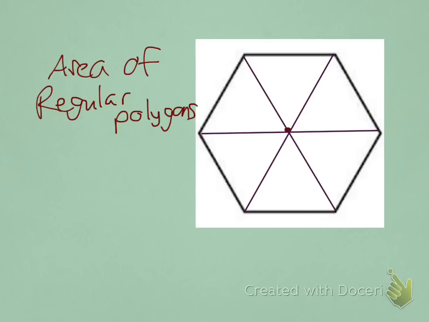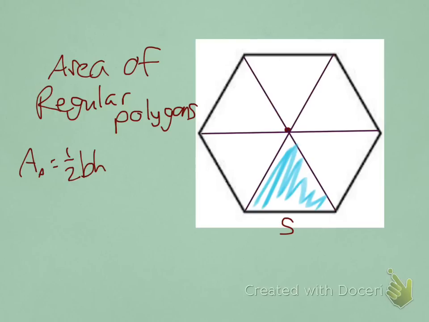Let's call this side length here S, for side length, okay? If I want to find the area of this triangle here, what do I have to do? Well, it's a triangle, so the area is 1/2 base times height, right? The area of the triangle is 1/2 base times height. Currently, we do not have the height, because again, the height meets at 90 degrees.